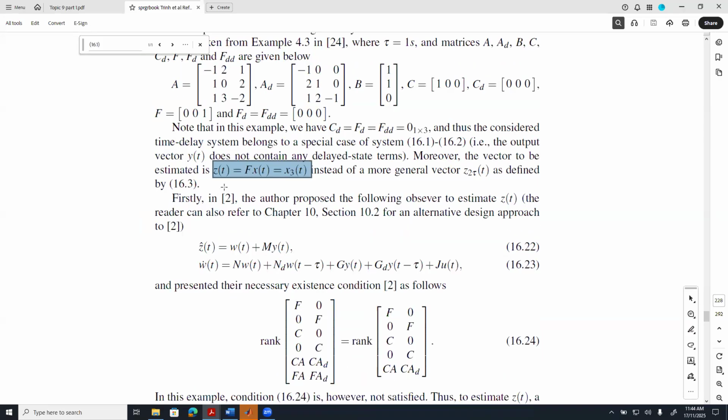And so in the reference, the authors proposed an observer which has an internal delay in it. And this observer, we basically discussed in the previous topic.